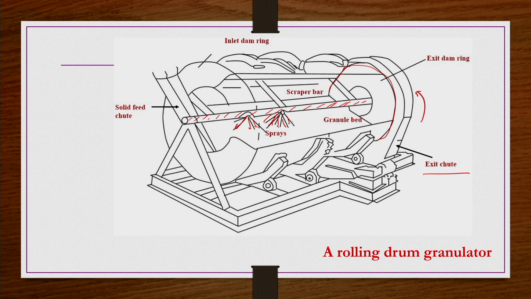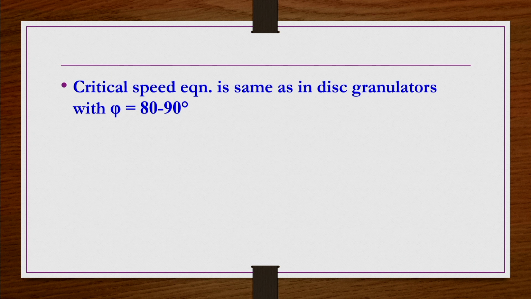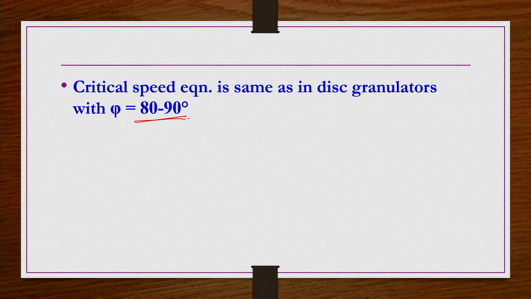The critical speed equation for this drum granulator is exactly the same as for the disc granulator, but psi should be between 80 to 90 degrees because they are slightly inclined, or longitudinally oriented slightly from the horizontal. That slight angle is only up to 10 degrees, so that is the reason psi has to be 80 to 90 degrees.